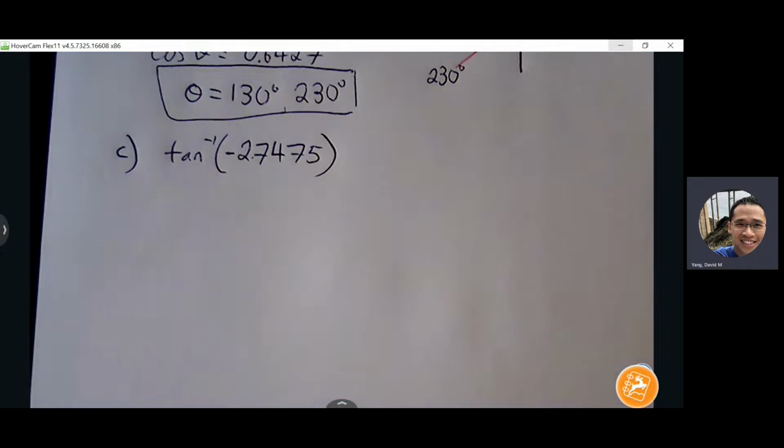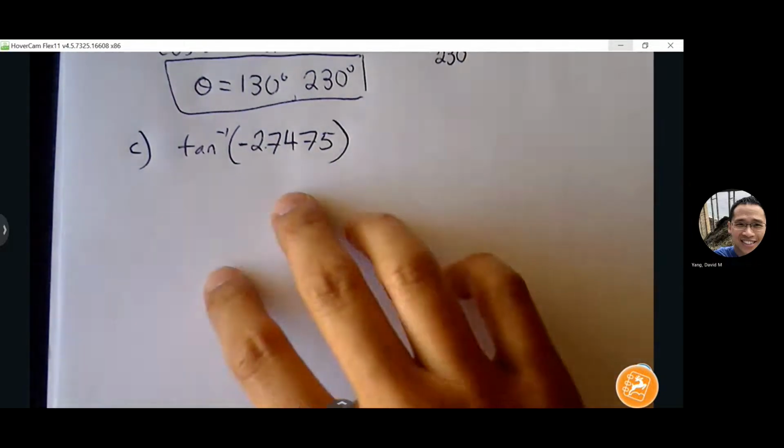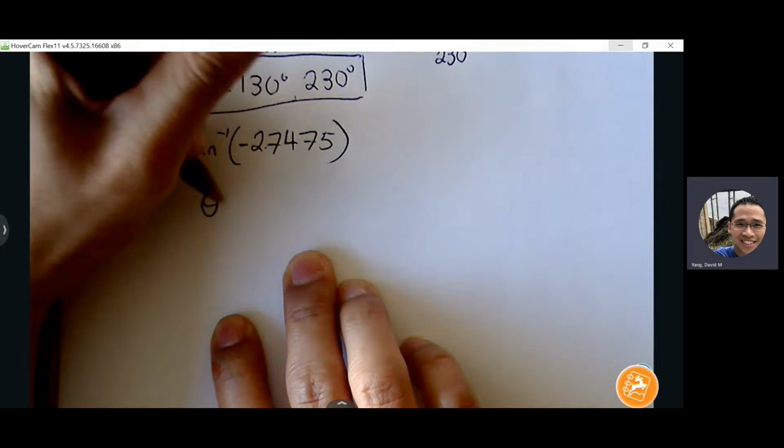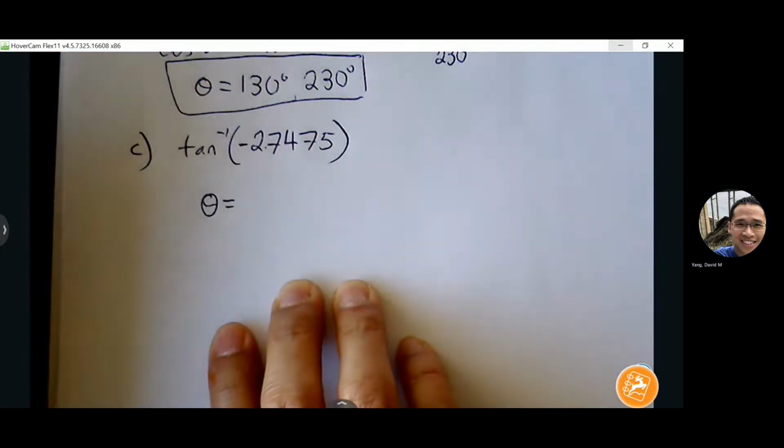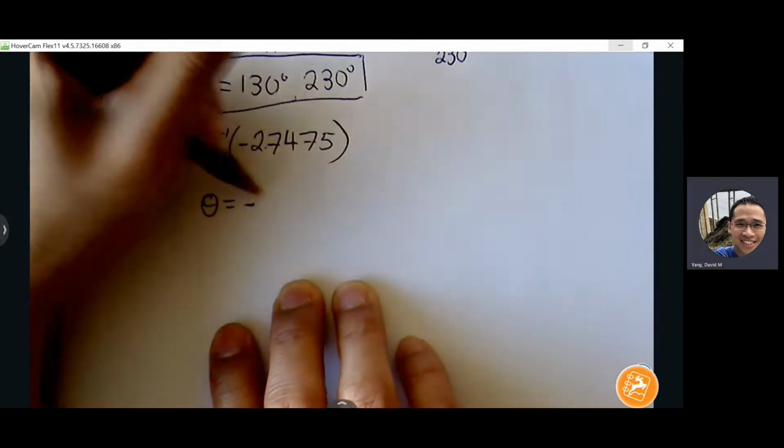Inverse tangent. What do we get for theta? Negative 70. Okay.